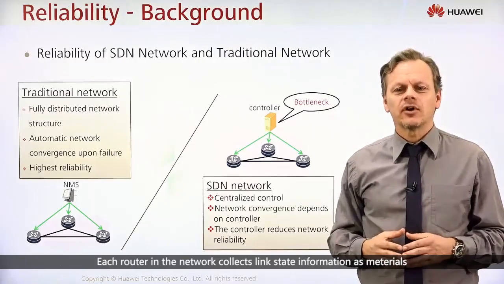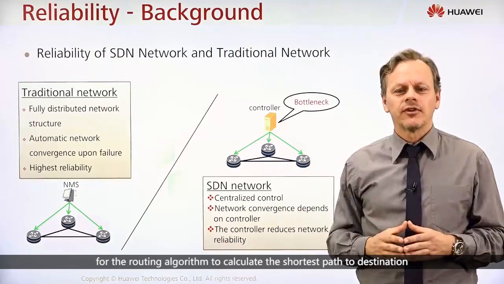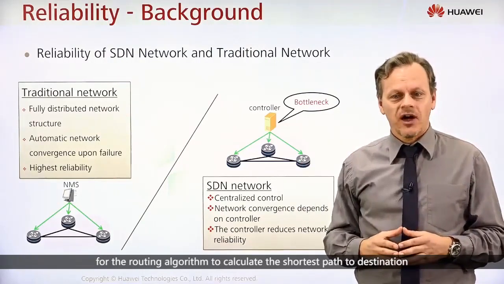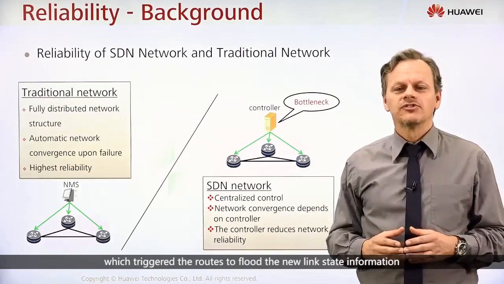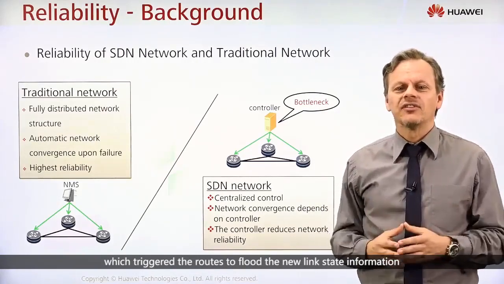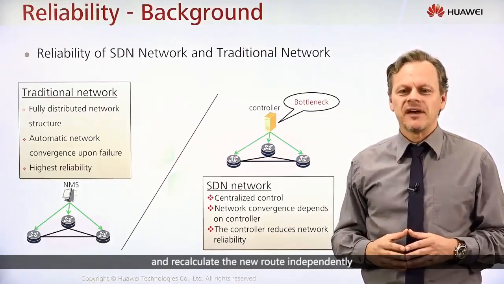Each router in the network collects link state information as material for the routing algorithm to calculate the shortest path to a destination. Any change of network topology will trigger the routers to flood the new link state information and recalculate the new route independently.